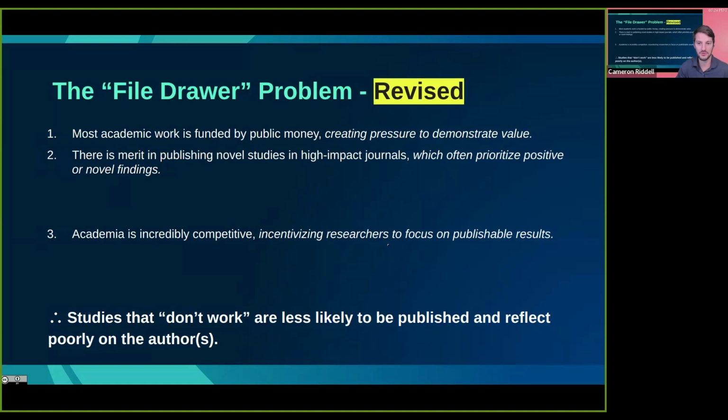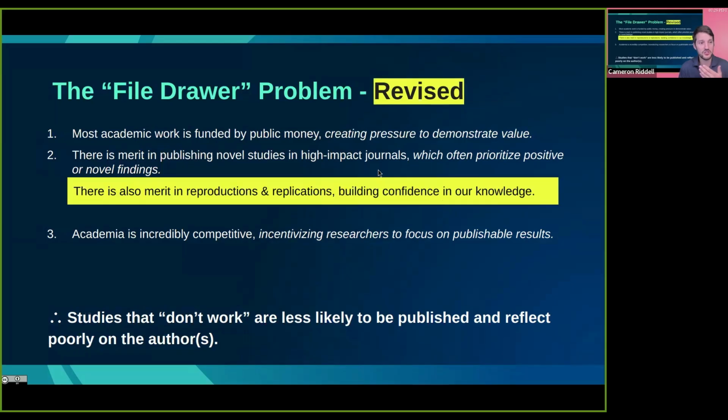But coming to point number two, when we say that there is merit in publishing novel studies in high-impact journals, which often prioritize positive or novel findings, well, there should also be merit in reproductions and replications, because although these aren't uncovering something we didn't know, it builds confidence in things that we thought we know. What this means is if I make a hypothesis A, I love hypothesis A, it's my favorite hypothesis.